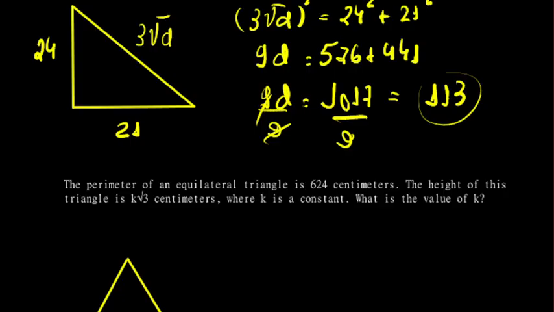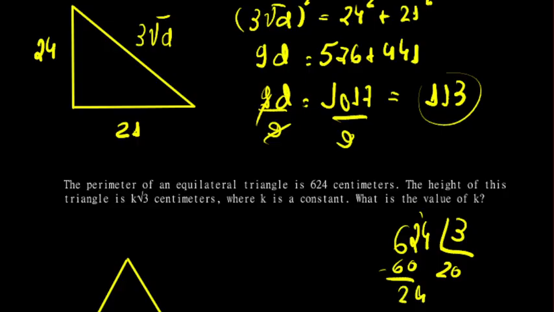So an equilateral triangle means that all 3 sides of the triangle are equal. So 624 divided by 3 is going to be 208. All the sides are equal, they are 208.